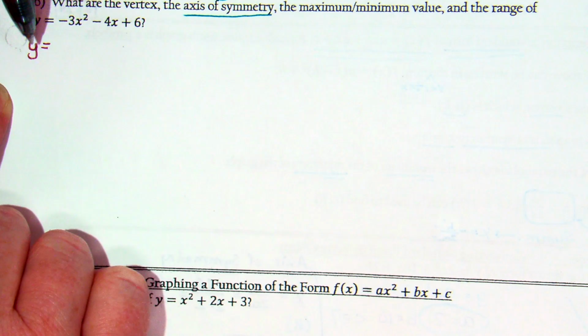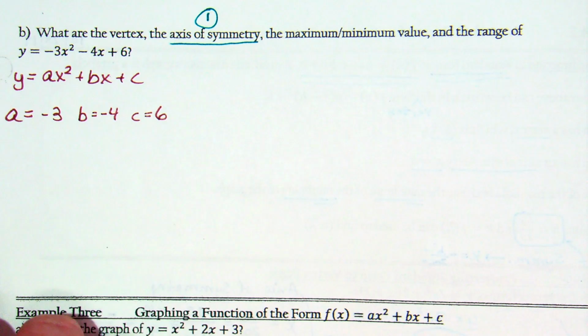So negative 3x squared minus 4x plus 6, remember, is in ax squared plus bx plus c. What are my ABCs in this problem? A is negative 3, B is negative 4, C is 6.